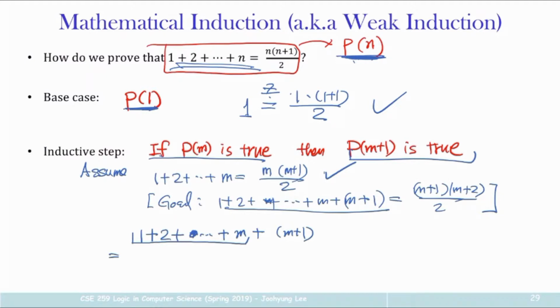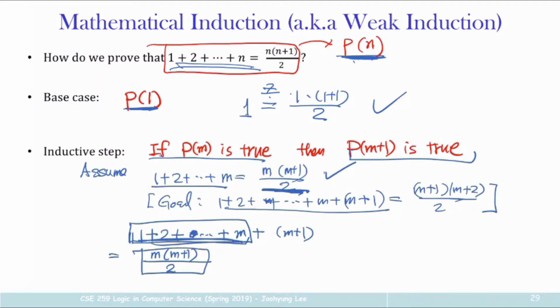I know that this is equal to this, so instead of this, I can substitute this for this. So I get m times (m plus 1) over 2. I'm just replacing this with this. I still have to keep this m plus 1 here, right? Are we together up to this part?